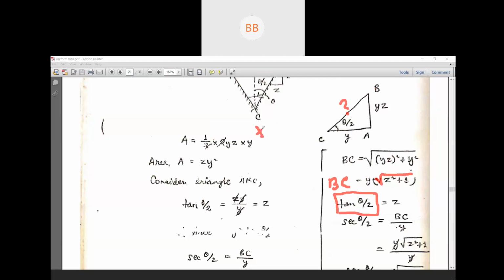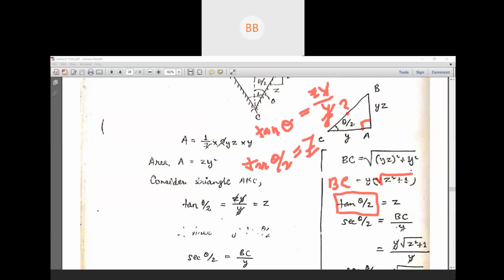Here this is your 90 degree, so you can say zy divided by y. This y will be cancelled out. Ultimately you can write tan theta by 2 is equal to z.